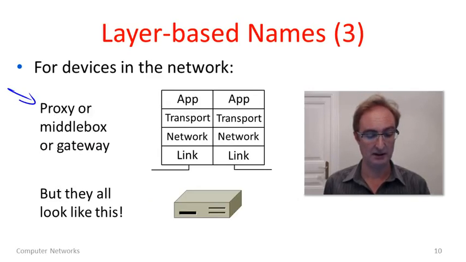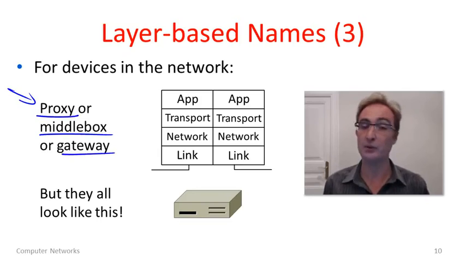There's a variety of terms just for things that operate inside the network to provide connectivity and relay messages between devices, yet they look higher than the network layer. So they might look into the transport layer or even the application layer. These are variously called proxies or middle boxes or gateways. They're strange devices in the middle of the network, not at hosts. Hosts, of course, need to process these layers. I'm really talking about devices in the network here.